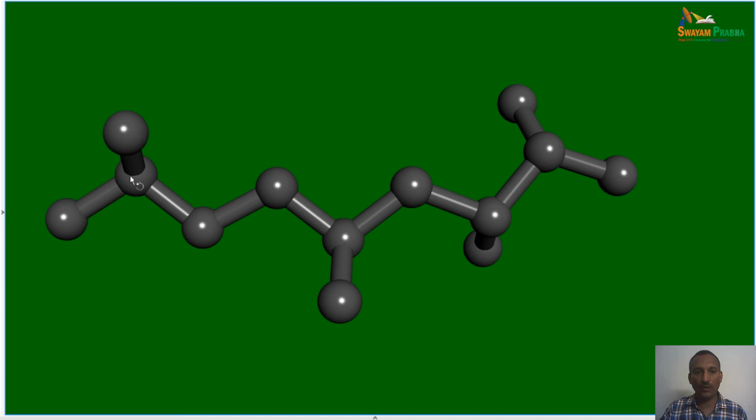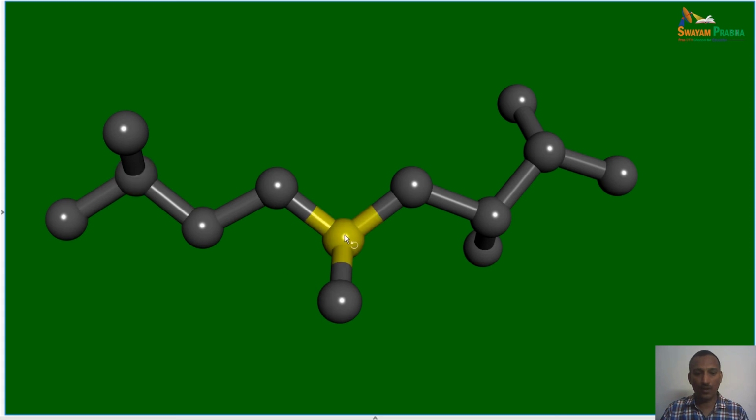And if we look at this carbon and the last one, this is pointing towards the observer, the other pointing away from the observer. So these two are again anti-arrangements. The first one and the third one are syn arrangement.